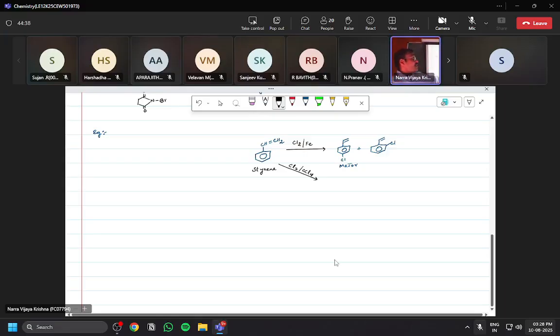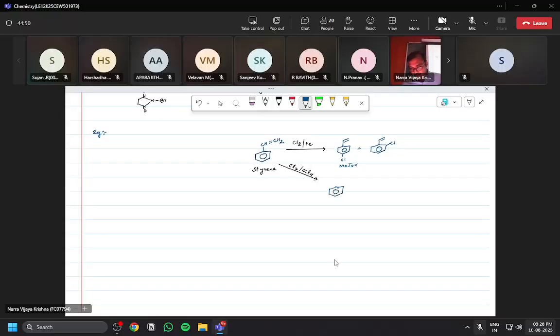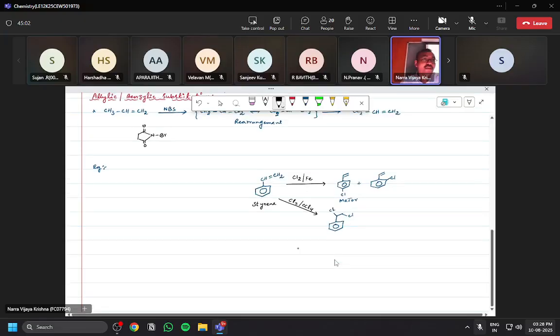First Cl plus will go and attack on the double bond to form a 3-membered cyclic transition state. Then Cl minus will go and attack on the other side. So the product will be: I will write chlorine here and another chlorine here. Correct, sir? Dichloro derivative. Yes or no?